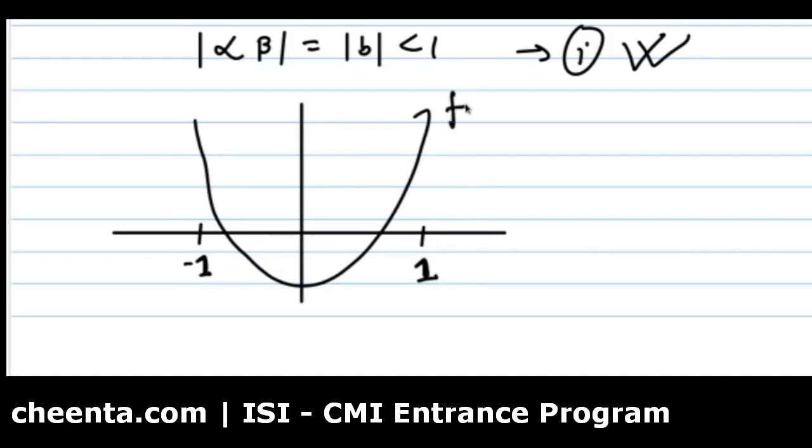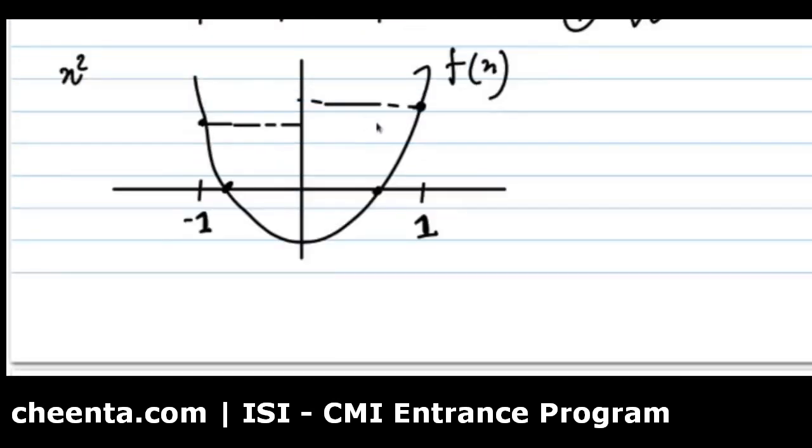So what we can say is that the functional value at 1 and -1 are both positive, right? Because the roots lie inside this interval, and since the coefficient of x square is positive, it will be an upward parabola. So this is in fact true.